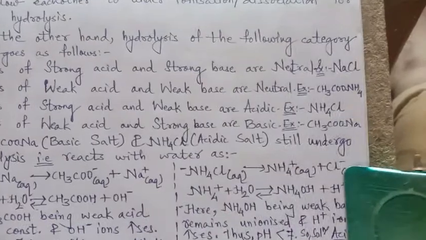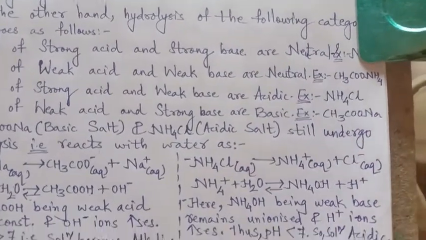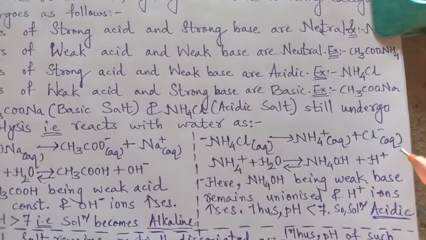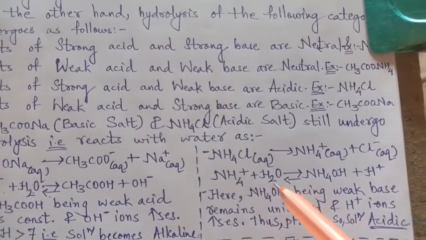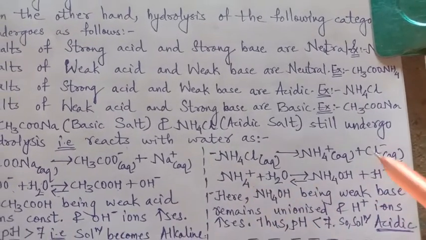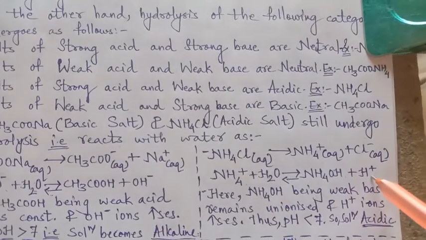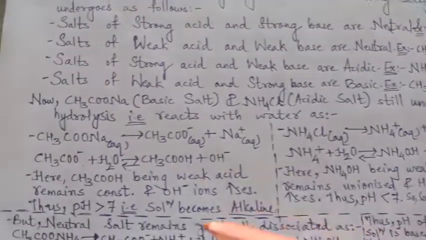And in NH4Cl, NH4 plus and Cl minus get separated. NH4 plus again reacts with water and undergoes the hydrolysis reaction, where it gives NH4OH and H plus is separated. So it is an acidic salt. Here what happens?